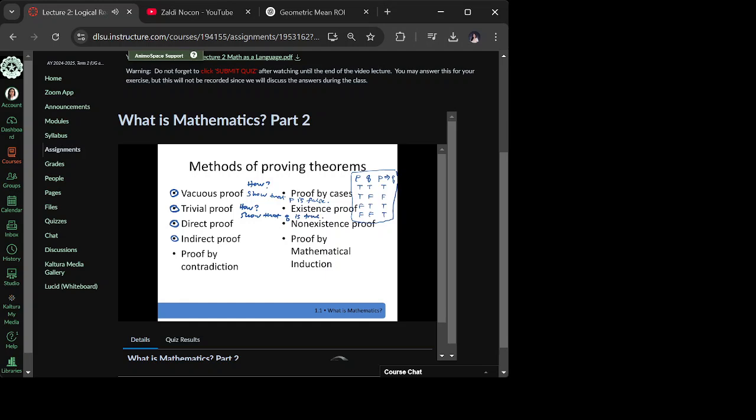Again, this is enough because the implication P implies Q is true if Q is true, regardless of the truth value of P.